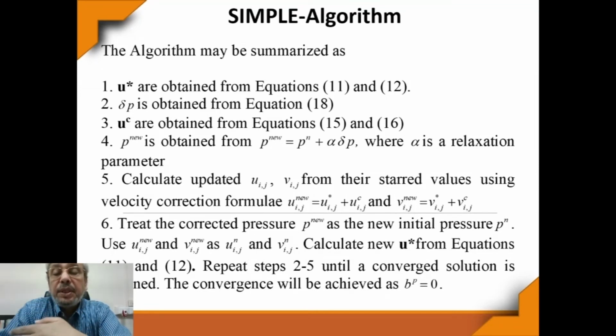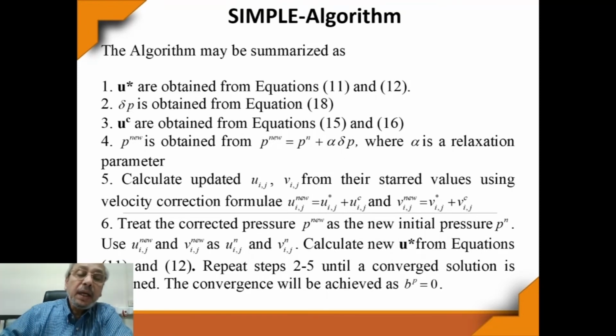So pressure is updated: P at nth level with this delta P pressure correction is added to Pn and P new emerges. Similarly, you also update u i,j, v i,j. So u i,j new is U star plus u i,j correction. v i,j new is V star plus v i,j correction. And P new is Pn plus alpha delta P.